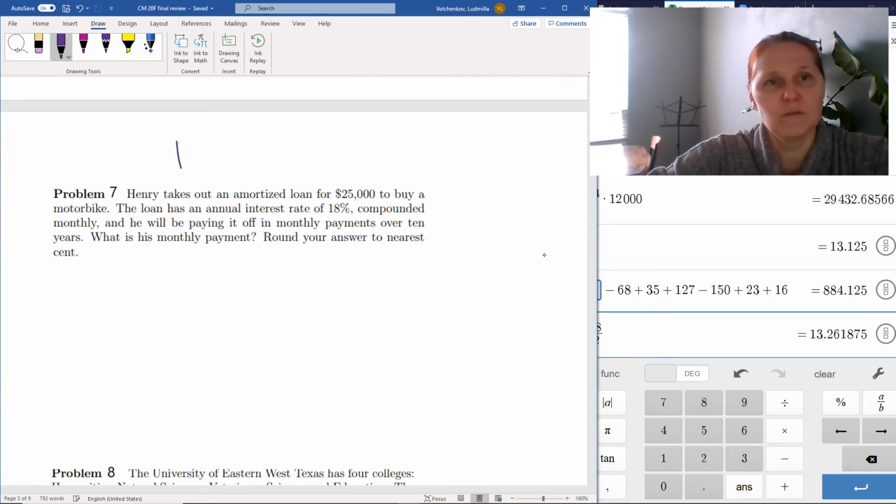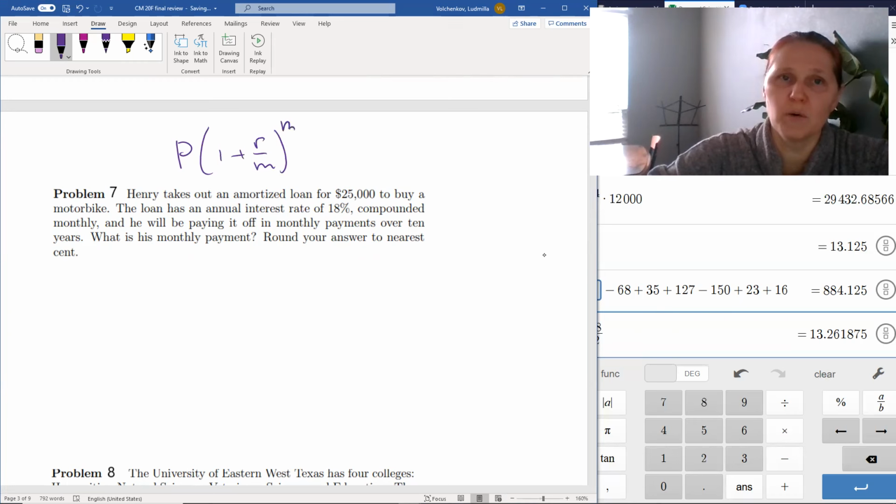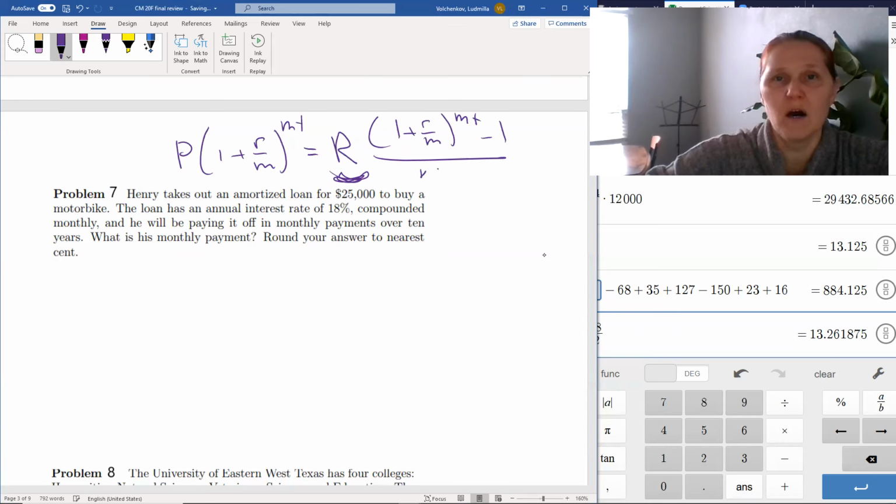On the left, we have the principal, the present value, times 1 plus r over m raised to the power mt. On the right, we have the regular payment that we want to find, multiplied by the same factor, 1 plus r over m to the power mt minus 1, divided by r over m.